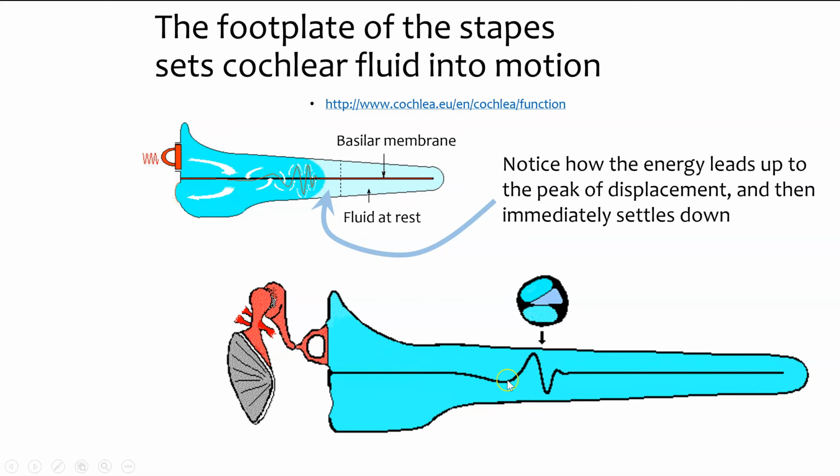This is represented in our animated diagram down here as well. So this shows the asymmetry. We have a little bit of excitation before the peak. The arrow here is pointing at the peak, and then we can see the fine structure as it reflects the ups and downs, which are a direct consequence of the tympanic membrane moving in and out.